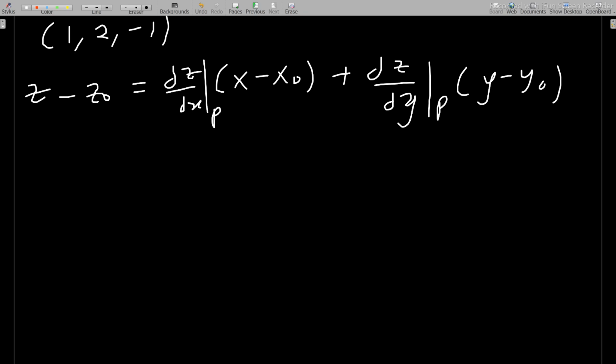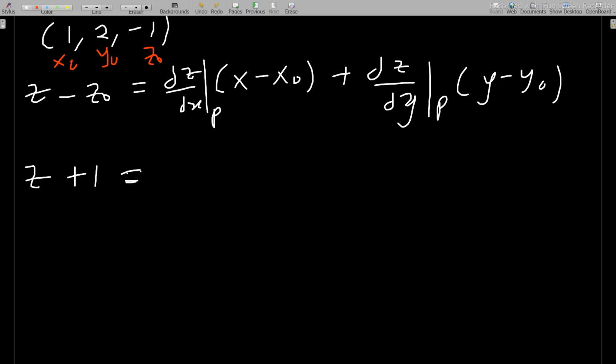So now this is x naught, this is y naught, and this is z naught. All right, so we have z plus 1 equals, now del z del x simplified at p was 0, so the whole of this place will be 0.